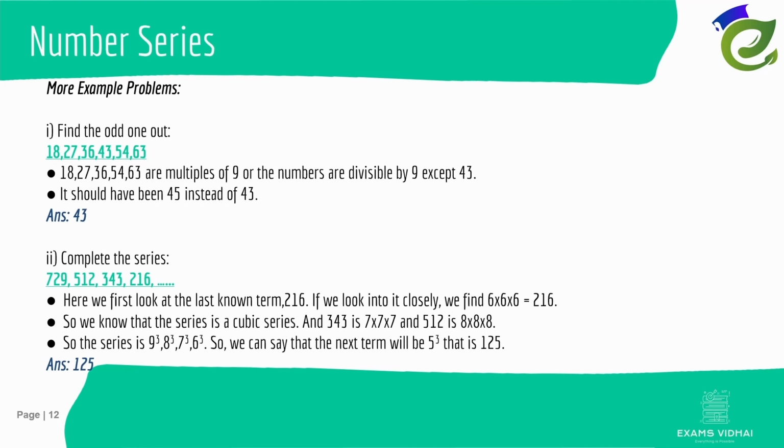So we know that the series is a cubic series, and 343 is 7 into 7 into 7, and 512 is 8 into 8 into 8. So this series follows 9 cube, 8 cube, 7 cube, 6 cube. So our next term will be 5 cube, that is 125. So our final answer is 125.